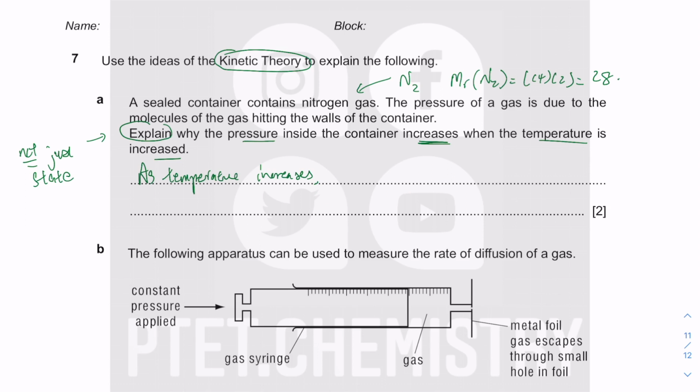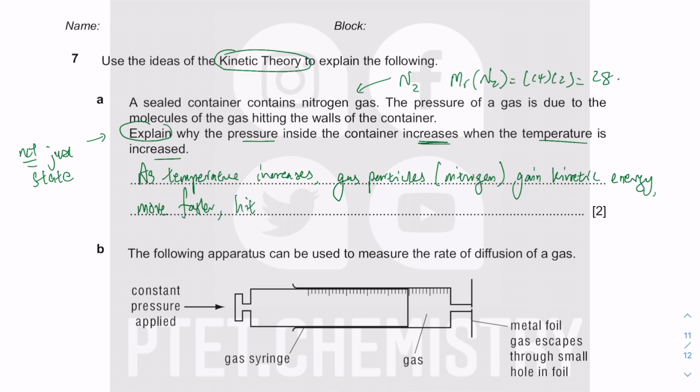As temperature increases, your gas particles, in this case the nitrogen gas particles, gain kinetic energy. What happens when you gain kinetic energy? You move faster.